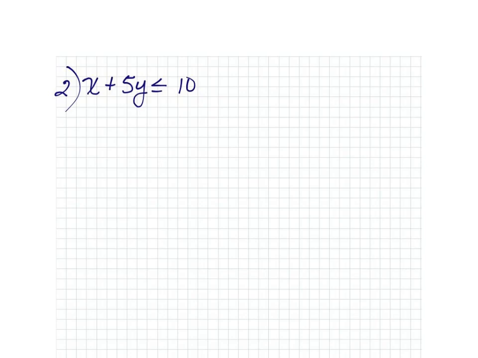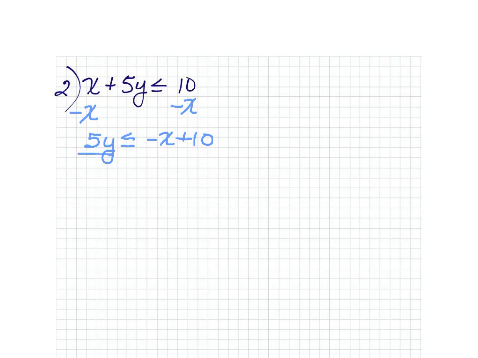All right, so my first step again is going to be to get this inequality into slope-intercept form. So let's work that out. Subtract x on both sides. 5y is less than or equal to negative x plus 10.